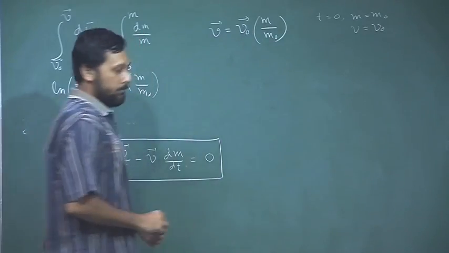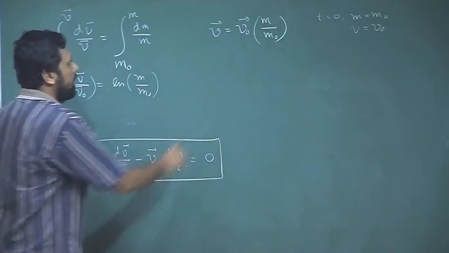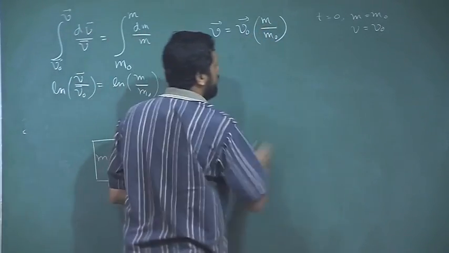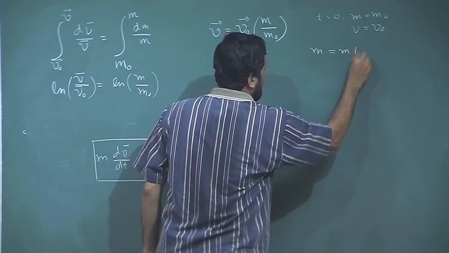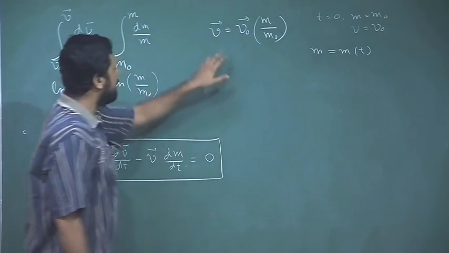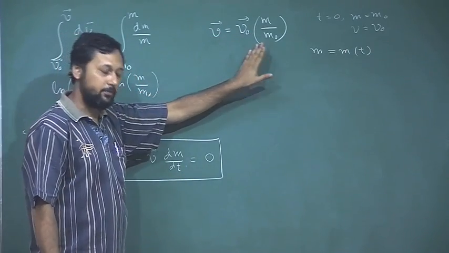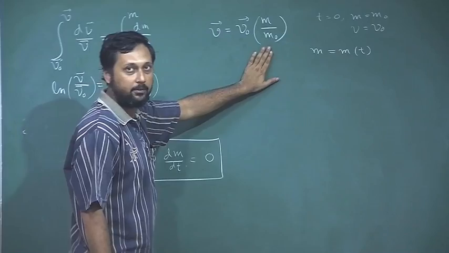Very good. Now the question is how to get a functional form. Essentially we have to have m as m of t. Only then can we express v as a function of time, not temperature, sorry.